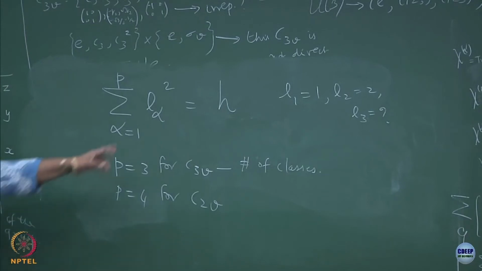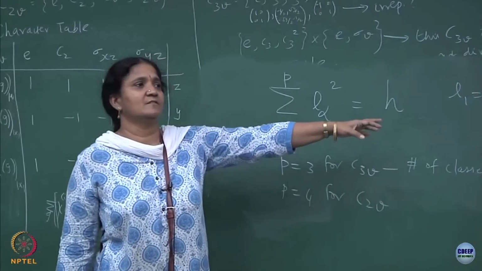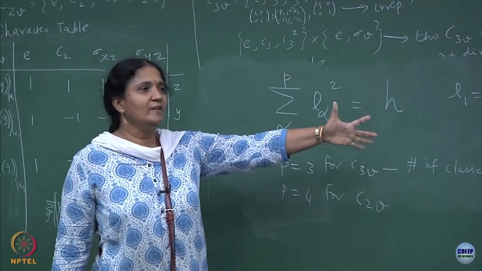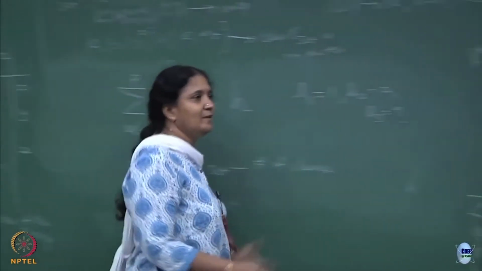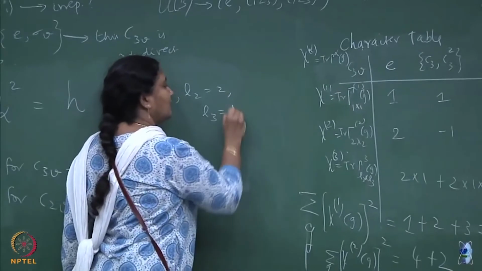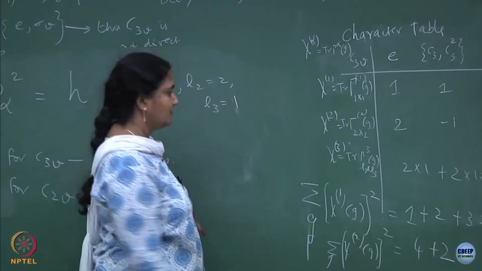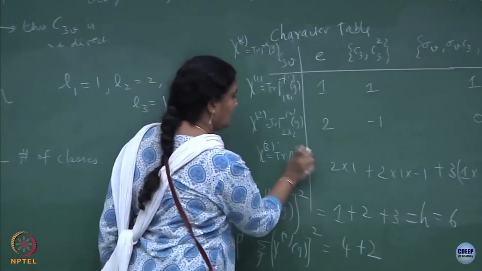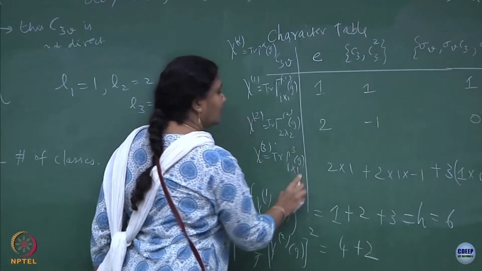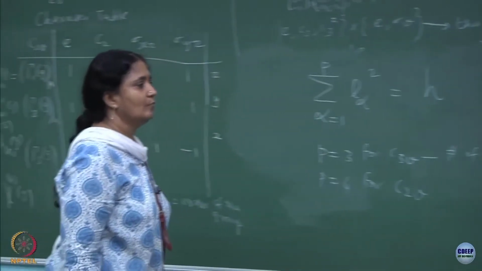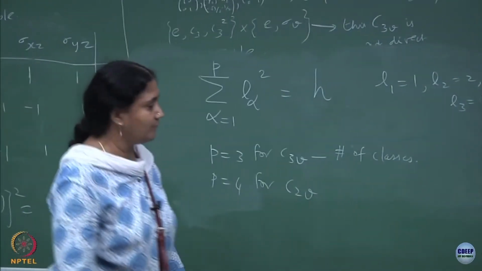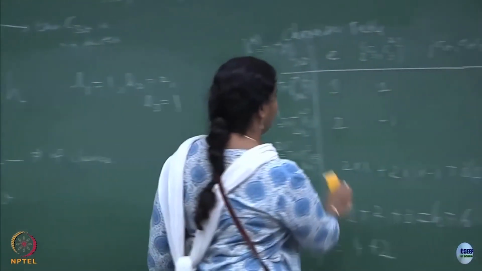Which satisfies this condition, all of them are integers. Is there more than one solution? It has to be only one possibility, which is 1. So, this has to be again a 1 cross 1 matrix. I have not written the character for it, but we will come back to writing the character.